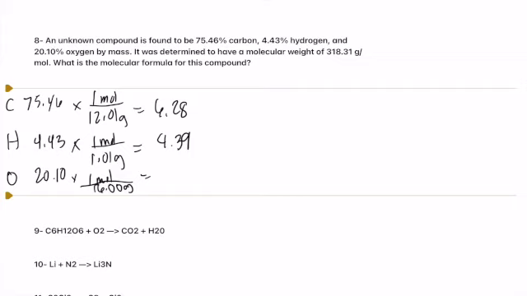In our sample we have roughly 6.28 moles of carbon, 4.39 moles of hydrogen, and 1.256 moles of oxygen. Now we're going to again divide each by the smallest amount of moles, and so in this case 1.256. And we're going to get our ratios here for our empirical formula.